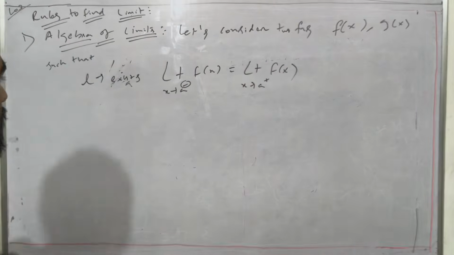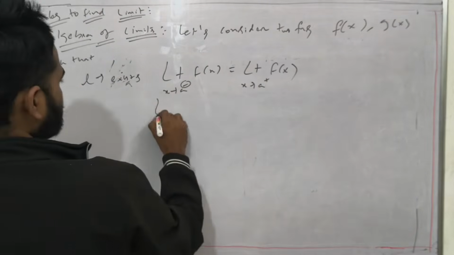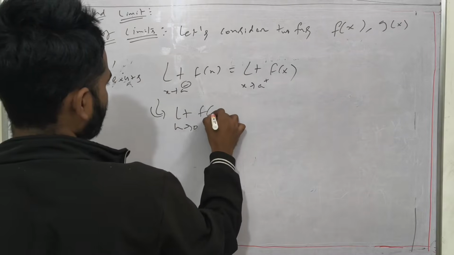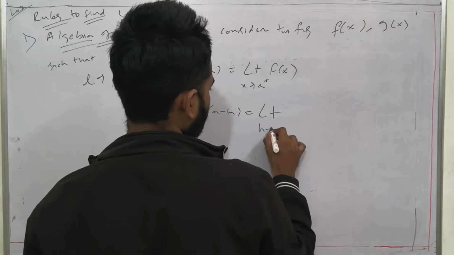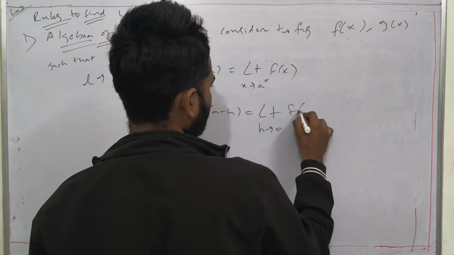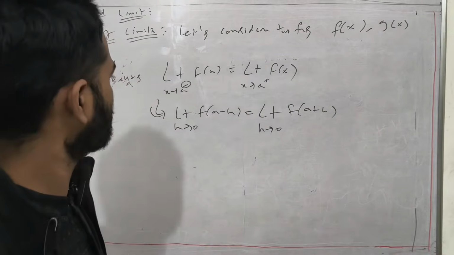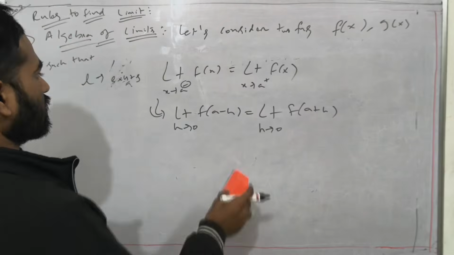L adjust means limit h tends to 0 f of a minus h equals limit h tends to 0 f of a plus h. So this is what adjust here means.